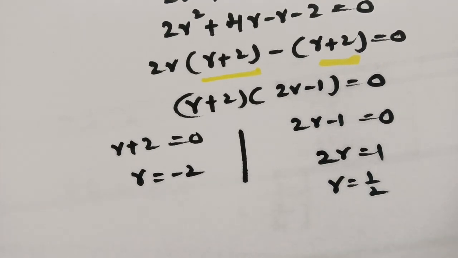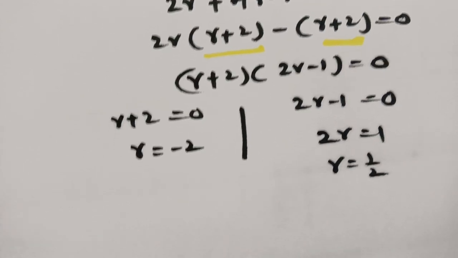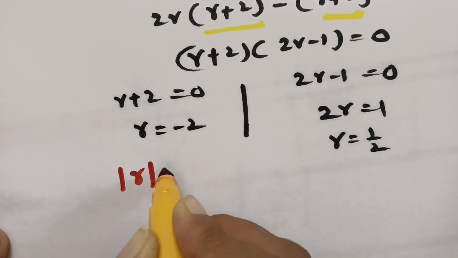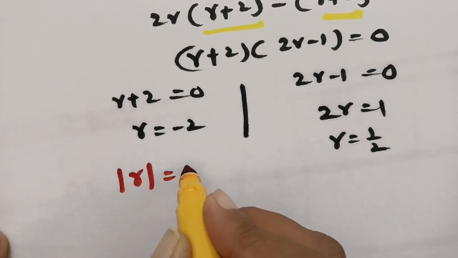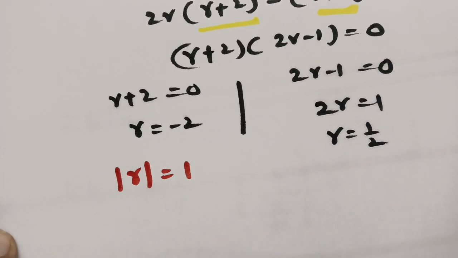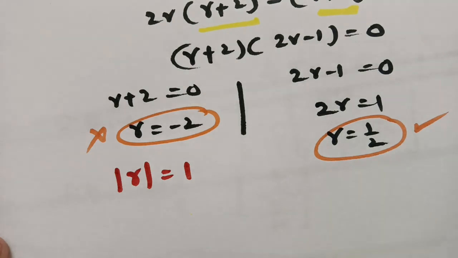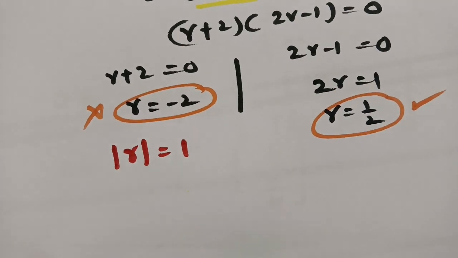As you know, the modulus of r, the correlation quotient, ranges from minus 1 to plus 1, and therefore this value is not possible as it is minus 2, and this value is possible as it is in between minus 1 and plus 1.